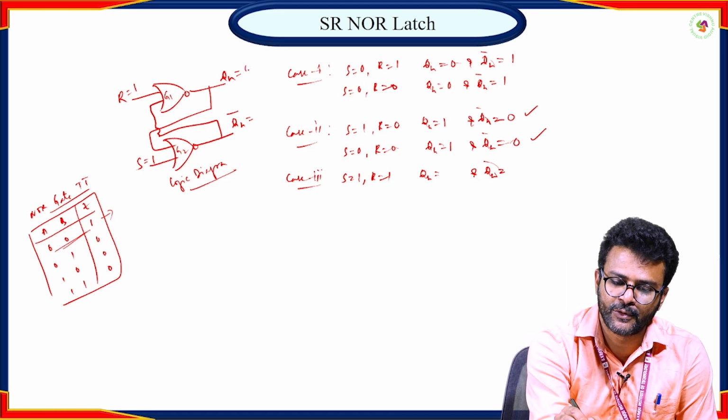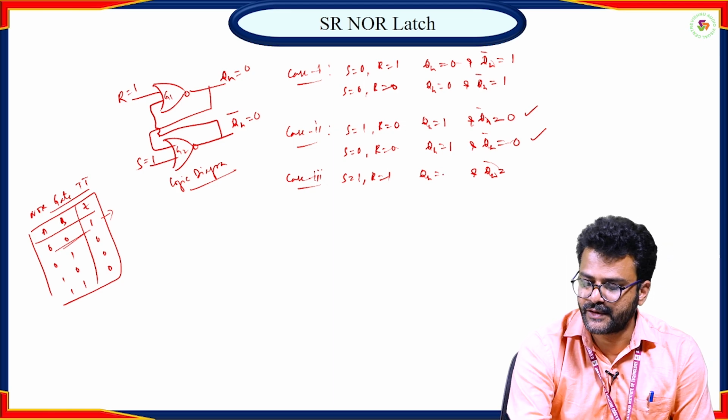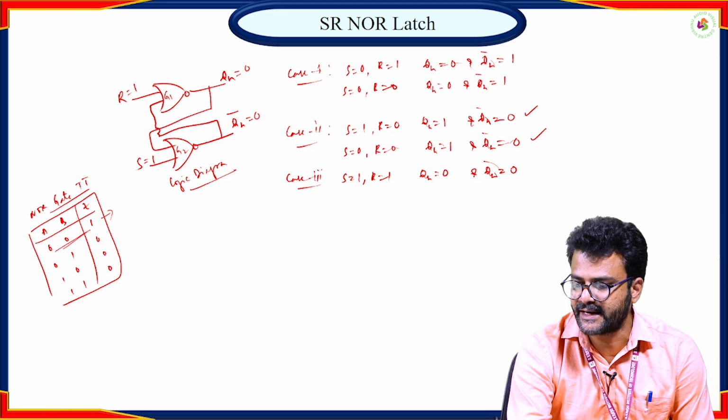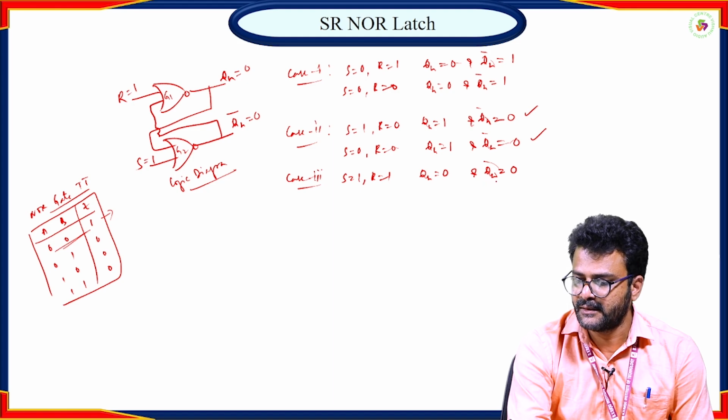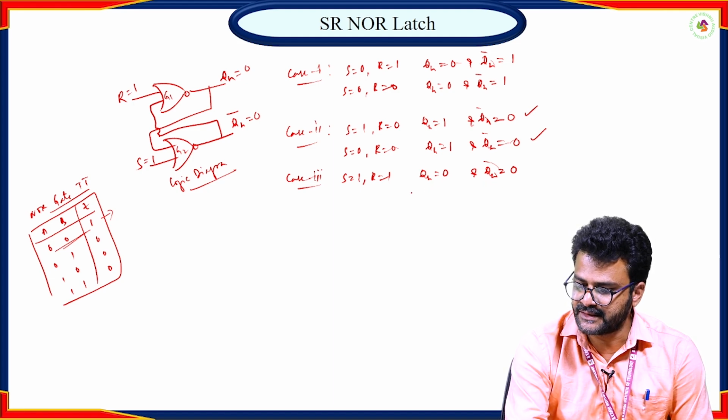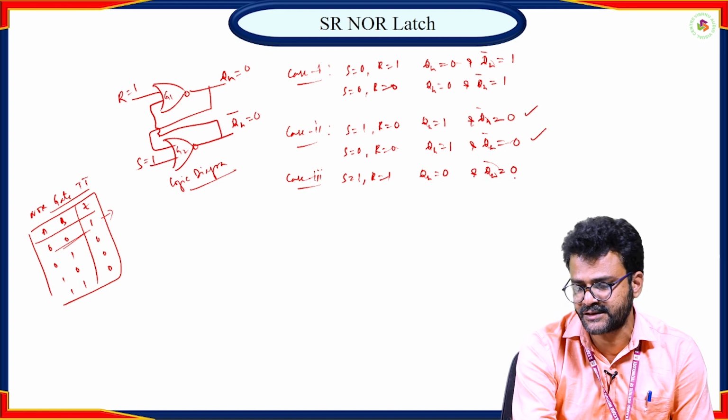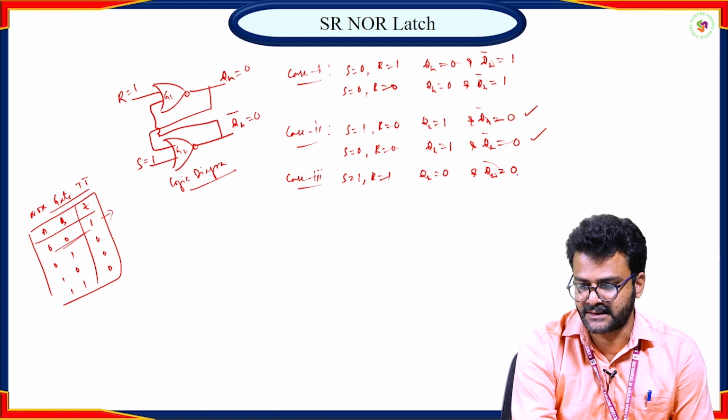So automatically both the outputs are 0. So here we are going to get 0 and here we are going to get 0. If Qn is equal to 0, Qn bar should be 1. But in this scenario, when S is equal to 1 and R is equal to 1, when Qn is equal to 0, we are getting Qn bar also 0, which is not correct.